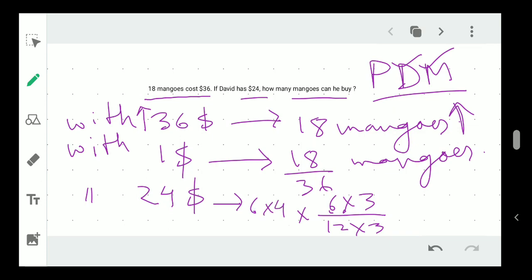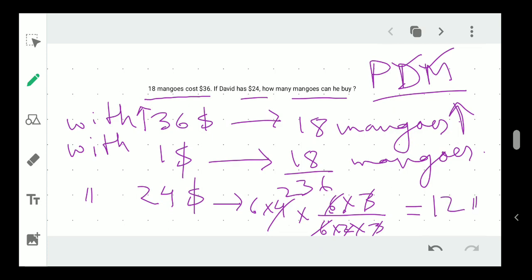Also 12 you can write as 6 into 2. So this 3 is gone, this 6 is gone, 2 and 4 are gone, and 2 is left. So 6 twos are 12. So 12 mangoes I can buy.